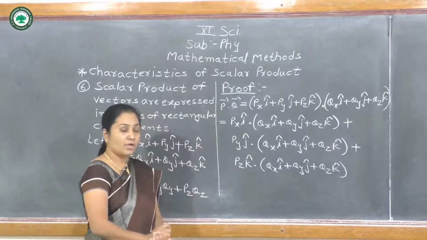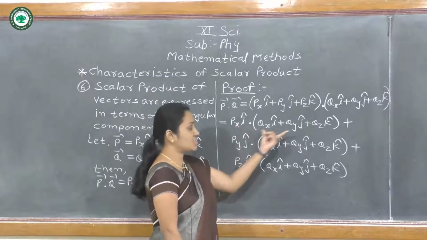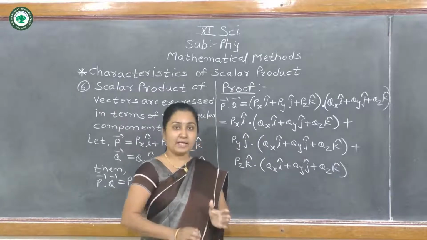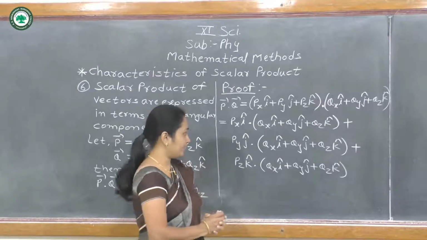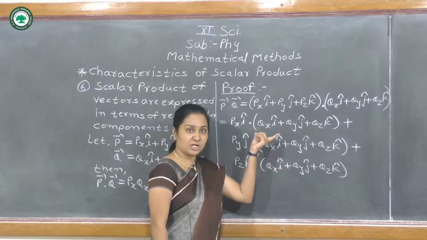Now we have to take the dot product of each term in the bracket and then we will simplify it.